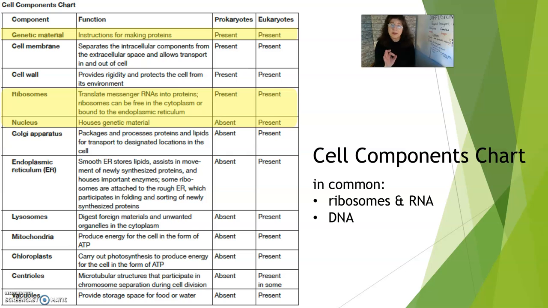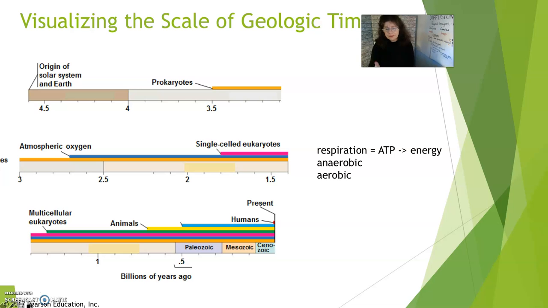Some cells, only the eukaryotes, have a nucleus. So in the eukaryotes, the nucleus houses the genetic material and keeps it safe behind the nuclear membrane. So the difference here is an evolutionary difference. Let's look at how that came about a bit.